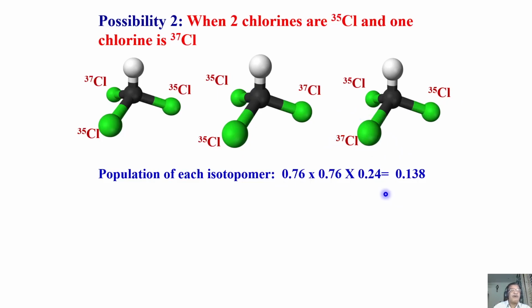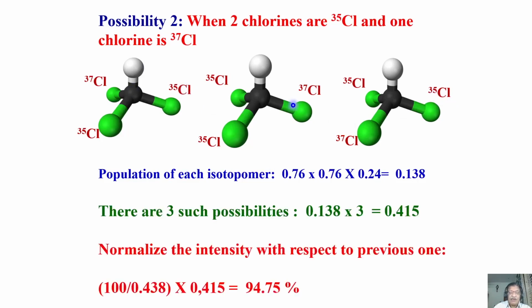So this is the population for any one of these isotopomers. Multiplying all these, I simply plug the numbers into a calculator and you will get 0.138. But this is for one of the isotopomers, and we have three such possibilities. So multiply this by 3, and the intensity turns out to be 0.415.